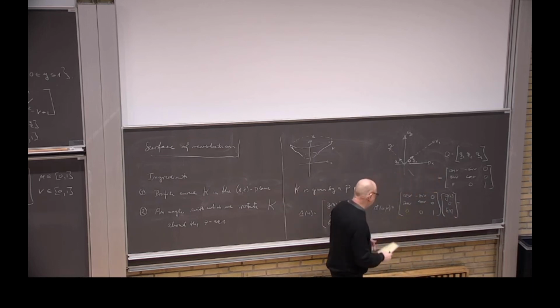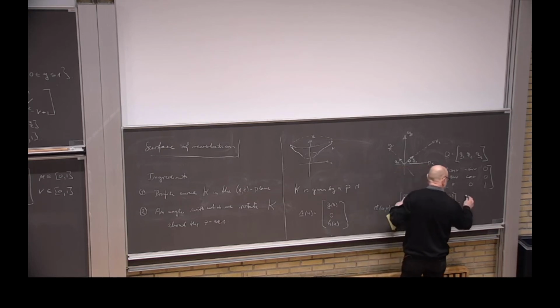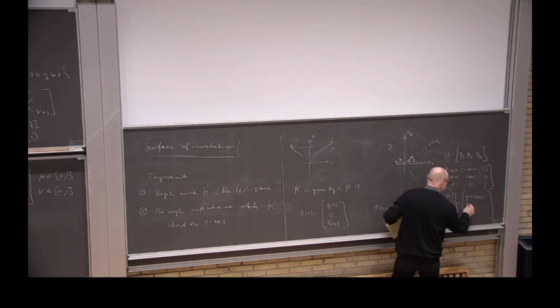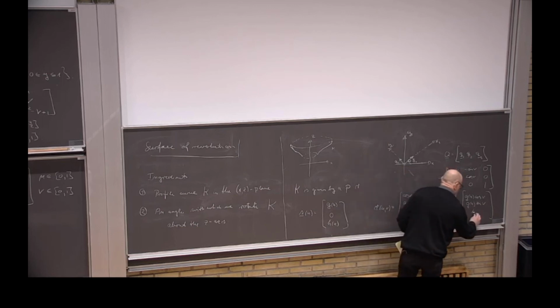And then it's just a matter of multiplying this together. You get the first row dotted with this one, and 0 times this is 0, 0 times this one is 0. So you end up with g of u times cosine v as the first coordinate. For the second coordinate, you get g of u times sine v, and for the third coordinate, you just get h of u.